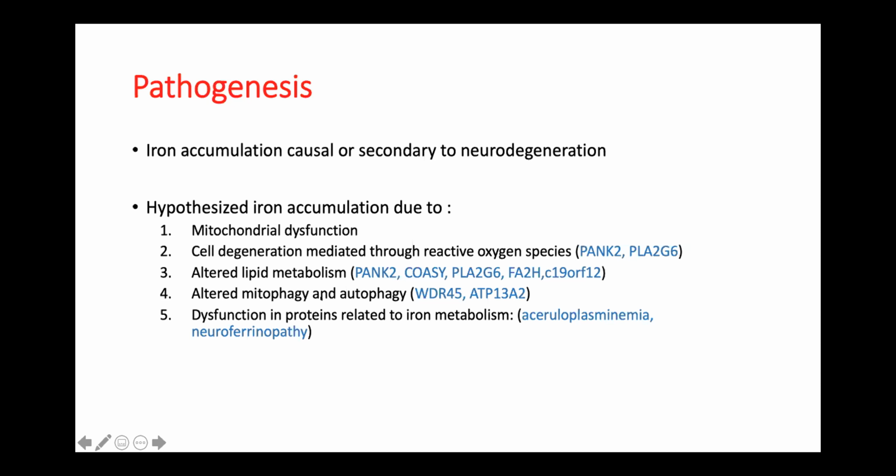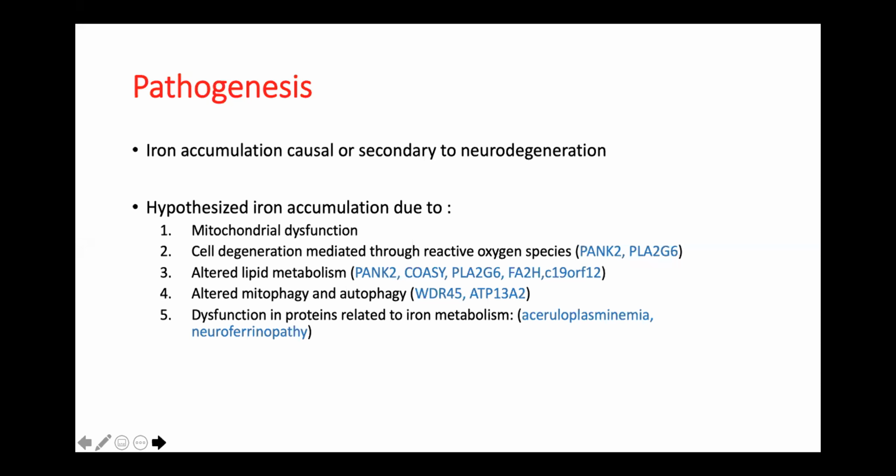Altered mitophagy and autophagy is seen in WDR45 and ATP13A2. Dysfunction in proteins related to iron metabolism includes aceruloplasminemia and neuroferritinopathy. So these are the various pathogenic mechanisms identified for the iron deposition.